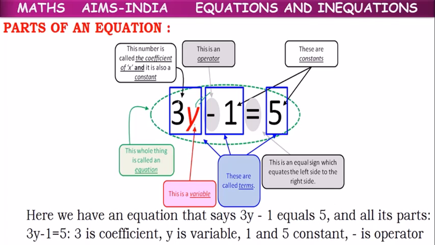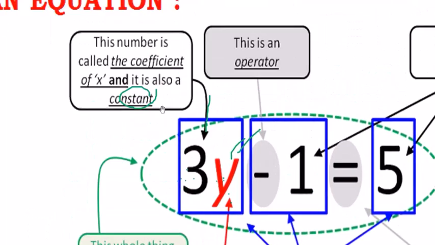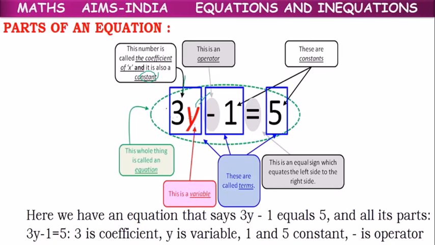Whereas 3 is always a constant, and since 3 is in front of the variable, accompanying the variable, it is called the coefficient. So this 3 is called the coefficient, coefficient of y. 3 is the coefficient of y.